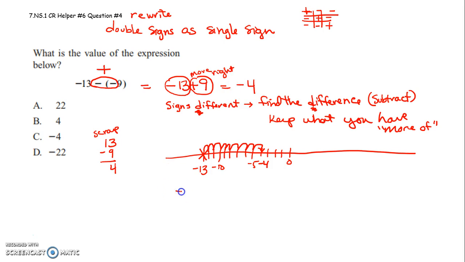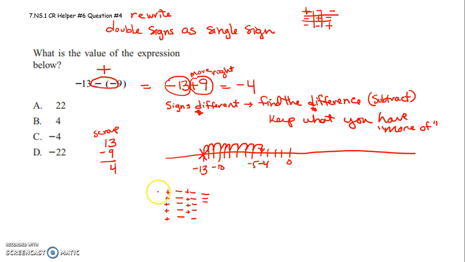13 negatives. 1, 2, 3, 4, 5, 6, 7, 8, 9, 10, 11, 12, 13 negatives and only 9 positives. 1, 2, 3, 4, 5, 6, 7, 8, 9 positives.